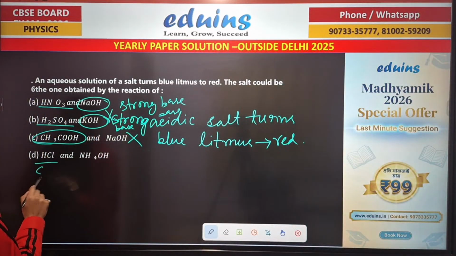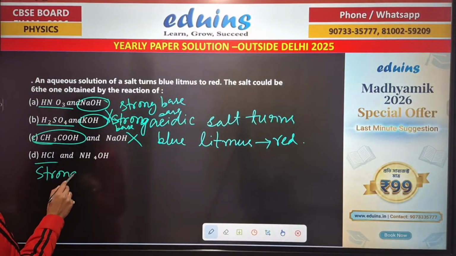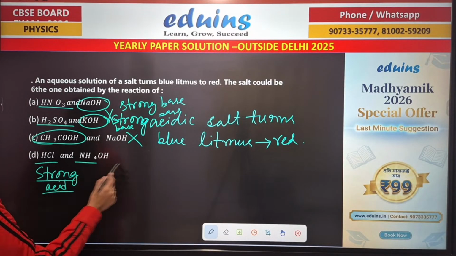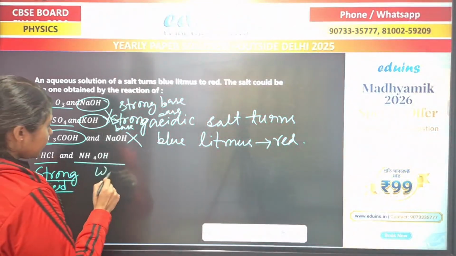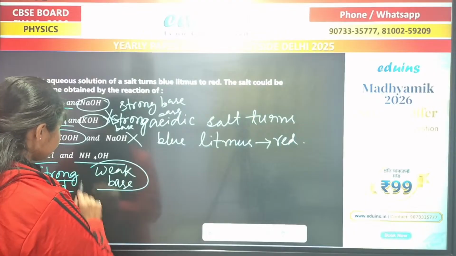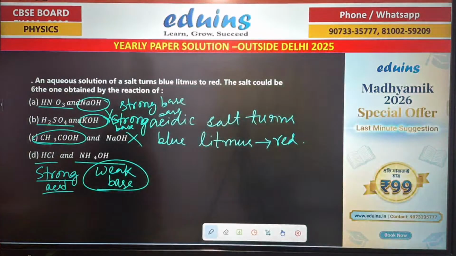Here, this is a strong acid and this contains a strong acid and a weak base. So this will be the answer. So option D is the correct answer. HCl and NH4OH produce an acidic salt.